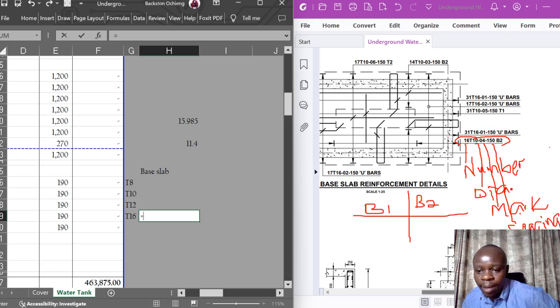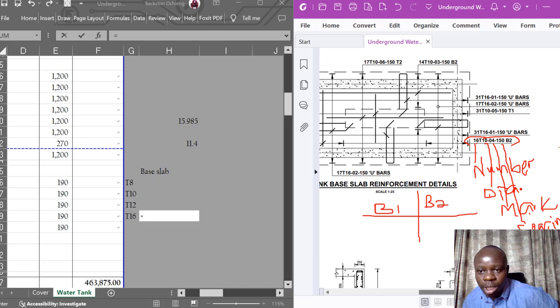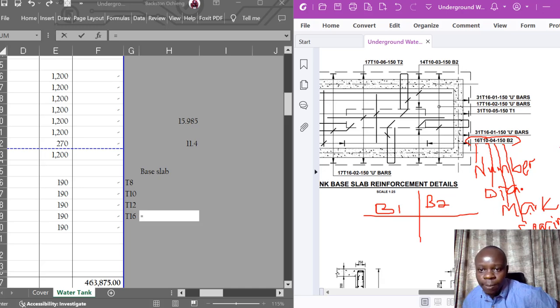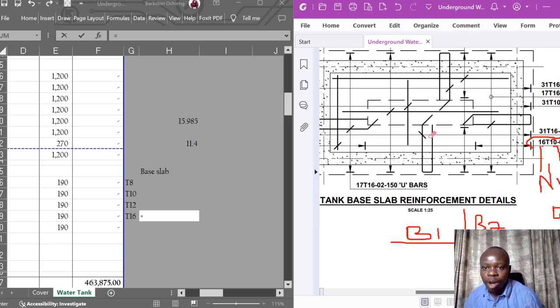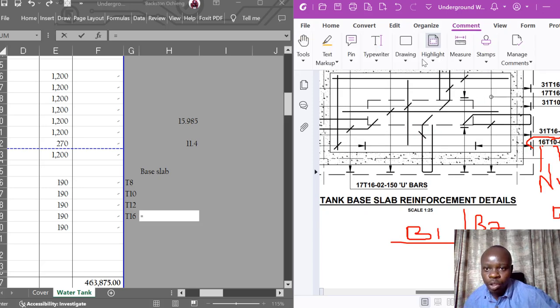So I need to get the length of it. This one is indicated as U bars. When you want to note the reinforcement bar, you follow that arrow. The arrow at the bottom of where the writing has been done just shows you where the bar is. It's not the actual bar. You follow it along until you find where it crosses the reinforcement bar in the perpendicular direction.